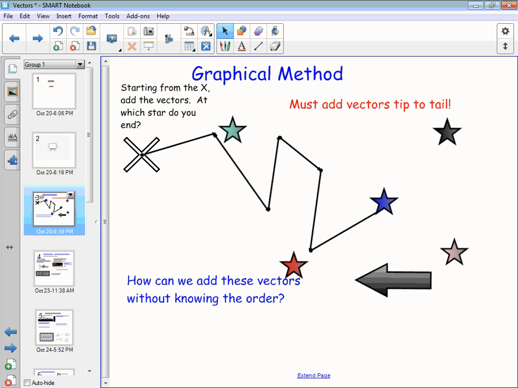So written down here in blue, it says, how can we add these vectors without knowing the order? Well, order doesn't matter.